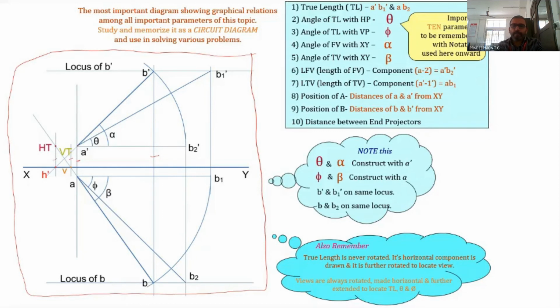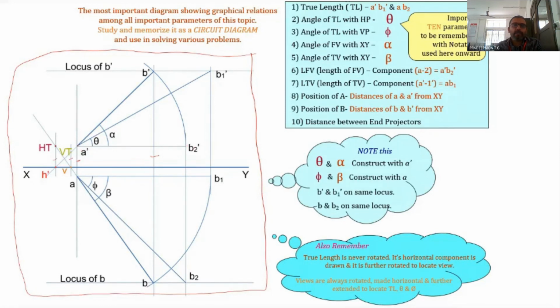Another condition that you must remember is that the true length is never rotated. Only its horizontal component is drawn, and it is further rotated to locate the view. We are finding out only the horizontal component of the true length. Here also, if you consider AB2, we are finding out the horizontal component of that one, so that is A dash B2 dash.